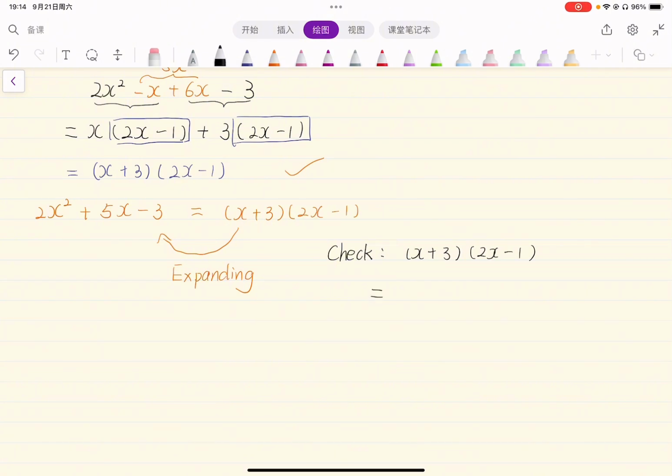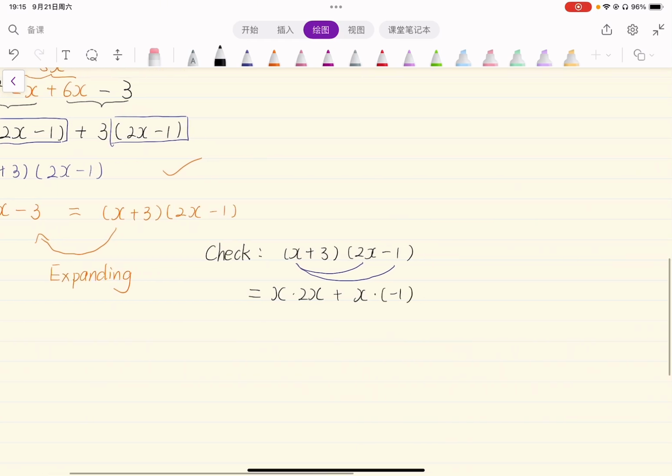The first term, that is x times 2x. And the second one is x times minus 1, plus x times minus 1. And the third one is plus 3 times 2x.